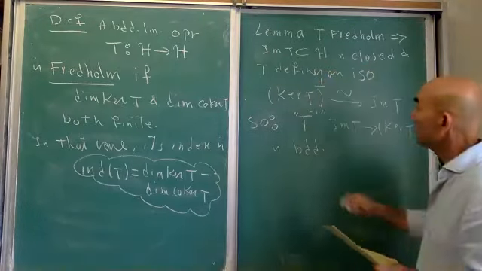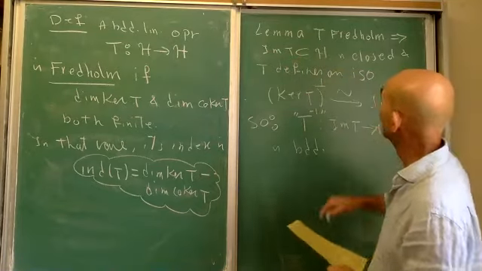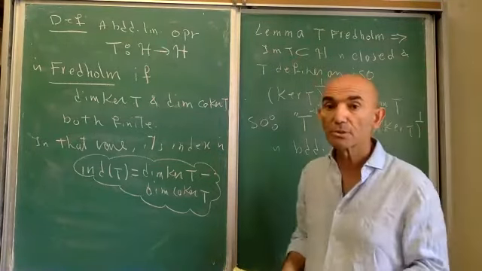So the crucial thing is to show that the image of T is closed. That's not obvious at all.